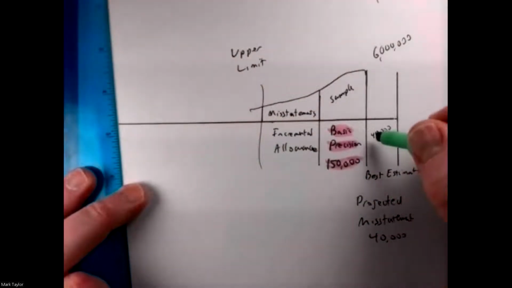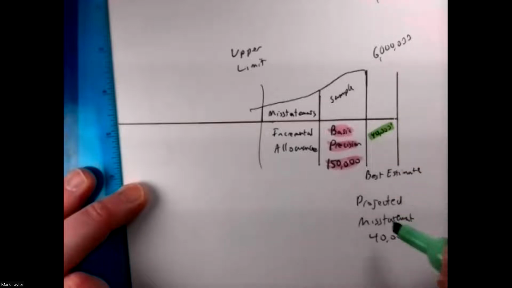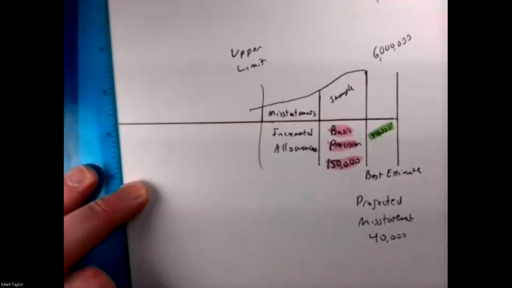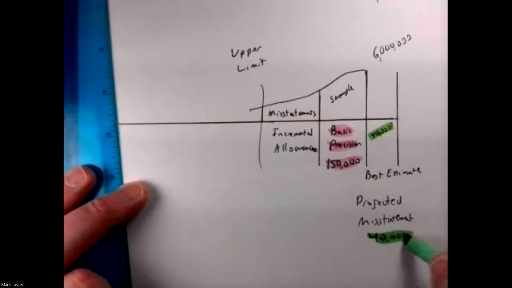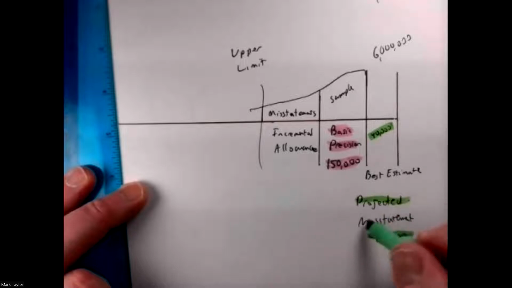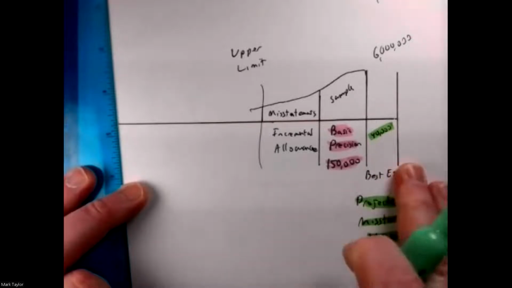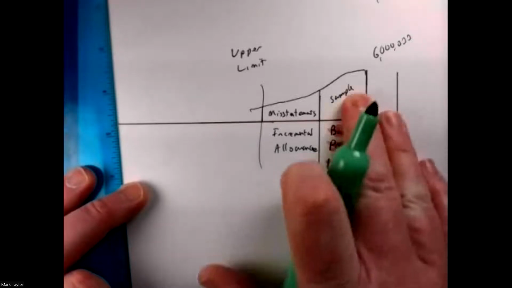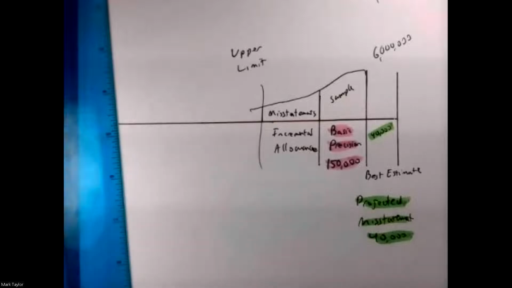The projected in this statement is this 40,000. But we're saying it could also be up by another 150,000 just because it's a sample. If you don't take 100%, it could be up by more. All right.